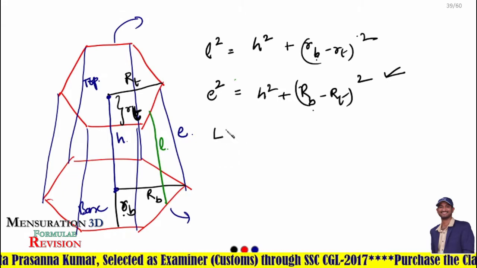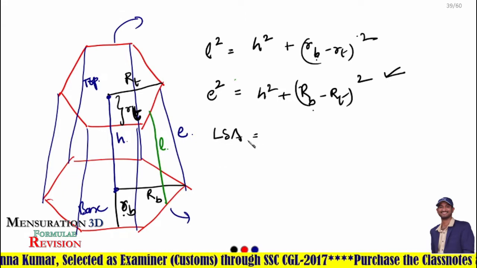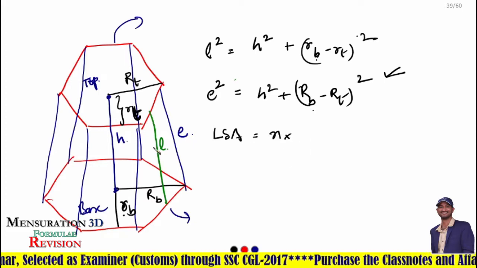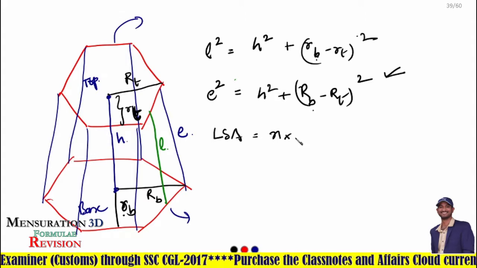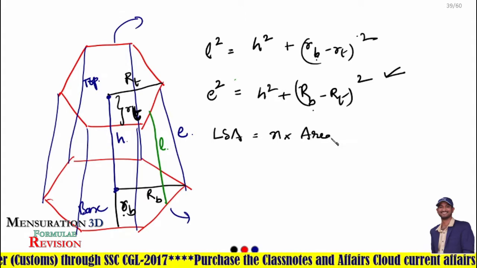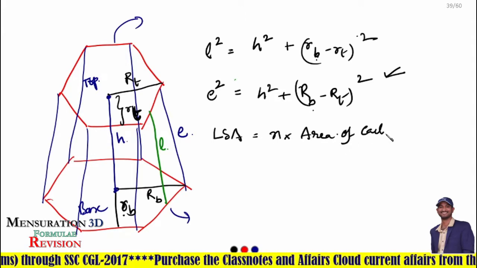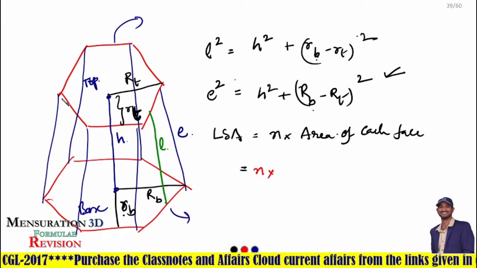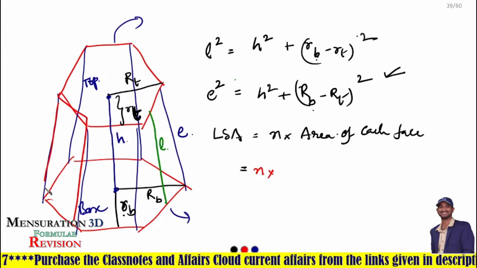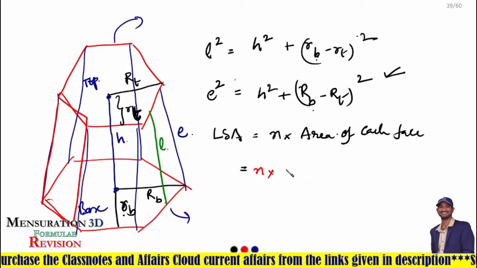Lateral surface area of the frustum is equal to n into area of each lateral face, where the polygon has n number of sides. What is the area of each lateral face? All lateral faces are trapeziums. What is the area of trapezium?